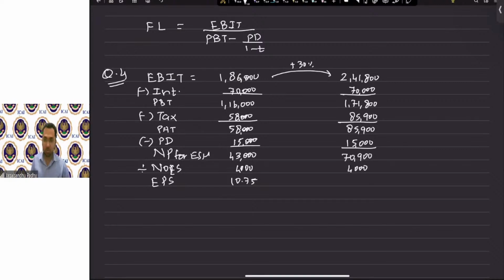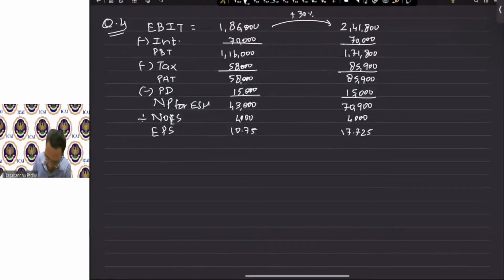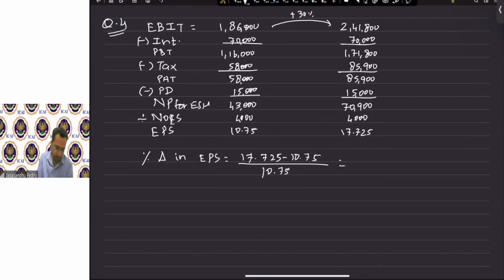Dividing this by 4,000 provides an EPS of 17.725. That's what we have done with the second part. What is the percentage change in EPS? It is 17.725 minus 10.75, upon 10.75.